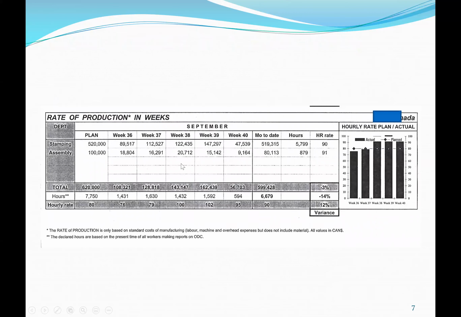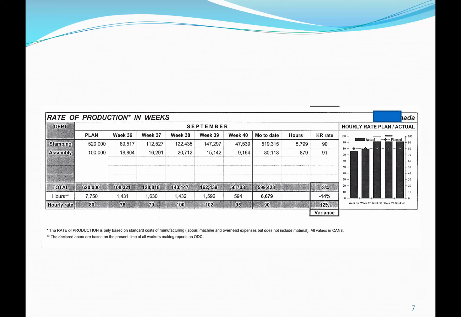Here is one sample of how productivity is calculated. We have our output, which is calculated as a standard cost of manufacturing, like labor, machine, and overhead. Here, material wasn't used because the material was supplied by GM, and input were ours.